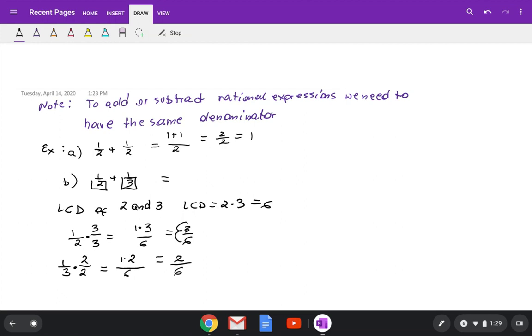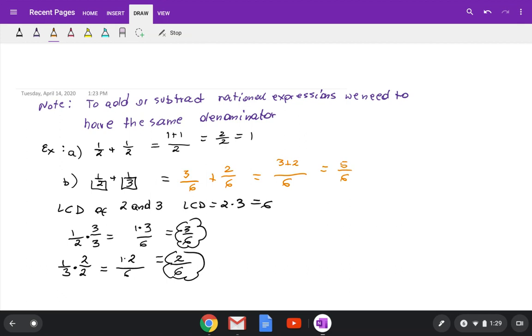Now back to our original problem: 1/2 is the same as 3 over 6, plus 1/3 is the same as 2 over 6. Now that we finally have the same denominator, we copy this denominator and add numerators. The answer will be 5 over 6.